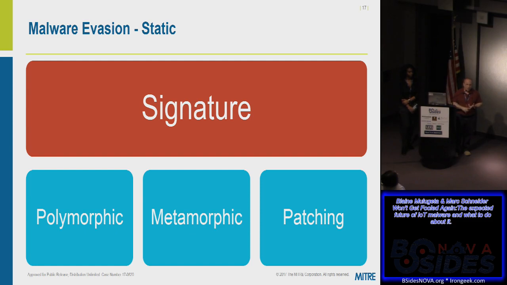So, how do you evade this type, or how does malware currently evade? So for signature, there's polymorphic, which we talked about, metamorphic, where the malware rearranges actually even the executable parts of it, as well as any sort of packer, unpacker code. And patching.